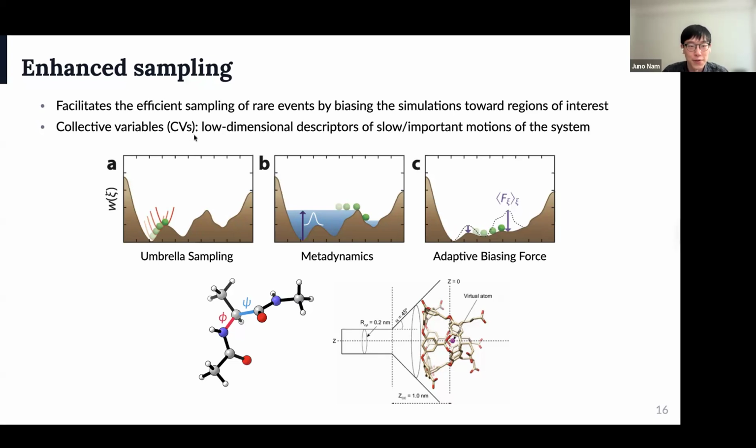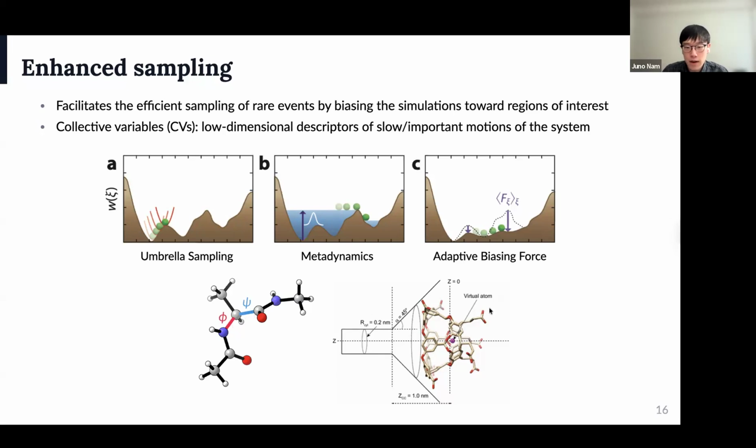But here we will introduce the collective variables approach, which is essentially a low-dimensional descriptor of slow or important motions of the system. For example, if we have alanine dipeptide or different peptide systems, then we know that the backbone torsion angles, phi and psi, are the slow degrees of freedom that we want to enhance the sampling on.